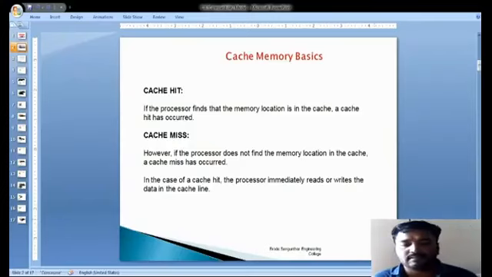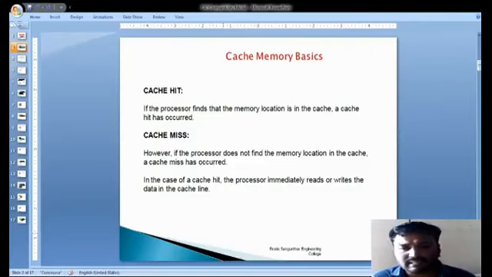Let us have a look at the cache memory basic terms in terms of performance. The first one is cache hit, the second one is cache miss. If the processor finds the memory location in the cache memory, a cache hit has occurred. Suppose I request a processor to find a particular file, whether it is present in the system or not. The request will first go to the main memory, and the processor will search whether it is present there or not.